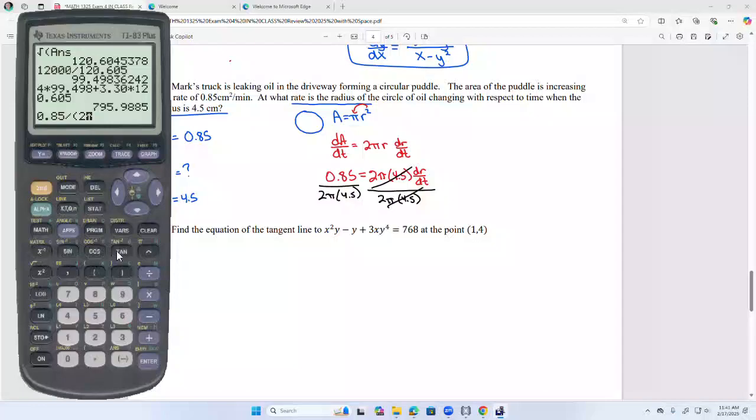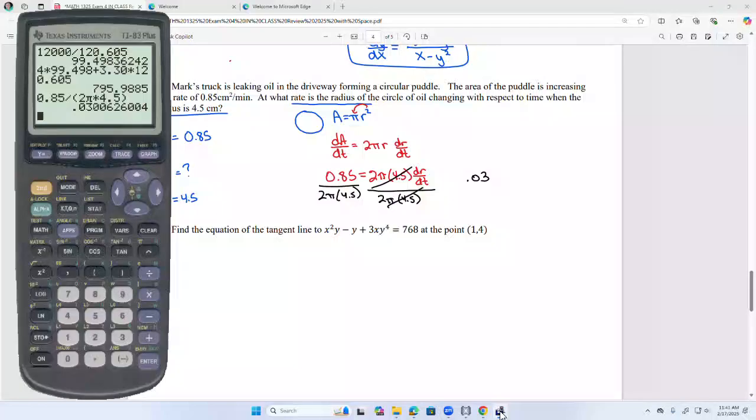Otherwise, my calculator will do order of operations for me, and I don't want that. I want it to divide by all of that, which I might actually have to write times there. And I get 0.03, so 0.03.